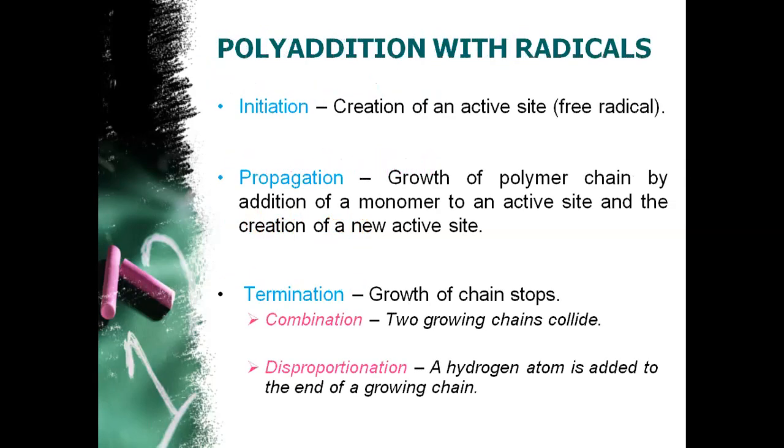The first step is initiation. Initiation means creation of an active site, that is, the formation of a free radical. The second step is the propagation step, which involves the active site's addition to different monomers and thus creating new active sites, which leads to the elongation or propagation of the polymers.